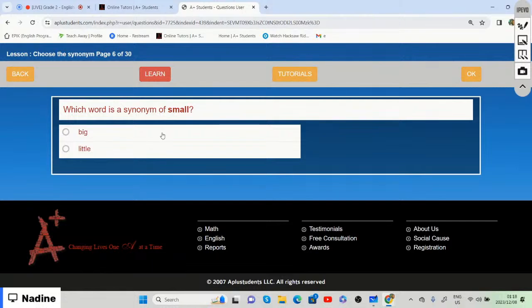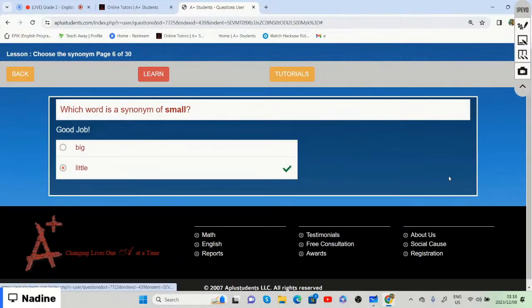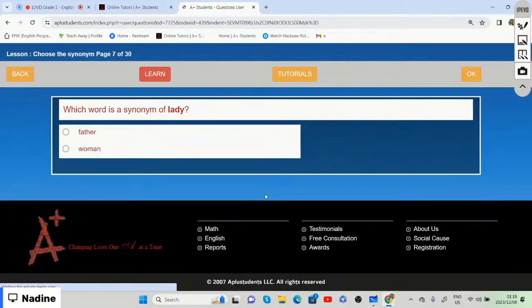So we need to look for the synonym, which is the word that is similar in meaning as small. And we can say it is little. Because if we were to say big, then it's like us giving the antonym, which is the opposite.